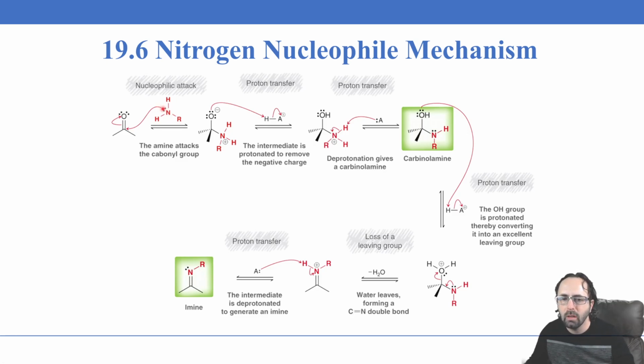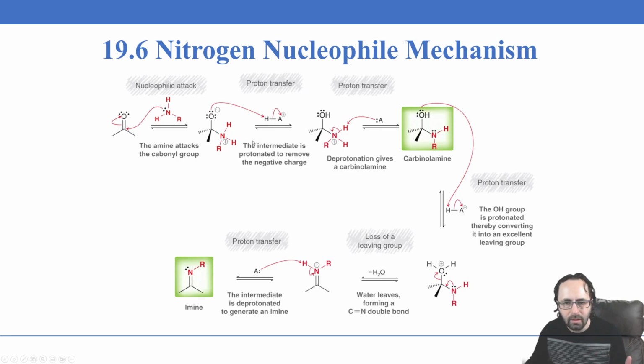But the nitrogen here is a strong enough nucleophile to initiate the attack, and then there will be a subsequent proton transfer from the oxygen here, which now has a negative formal charge due to the fact that the lone pair of electrons now reside completely on the oxygen, 3 lone pairs and 1 bond, thus a -1 formal charge. Therefore, it will grab a proton here from the acid.